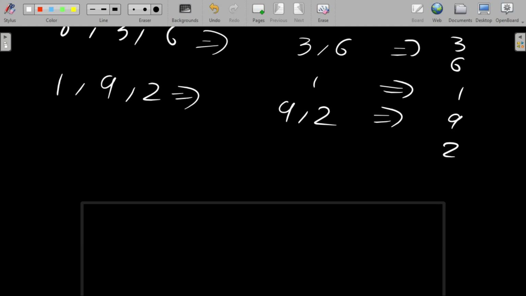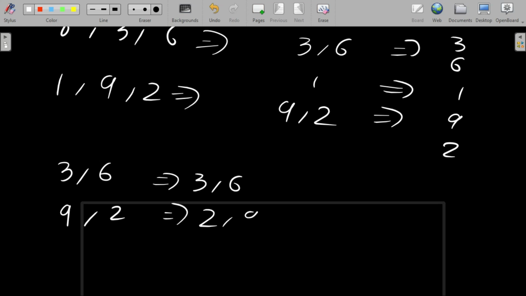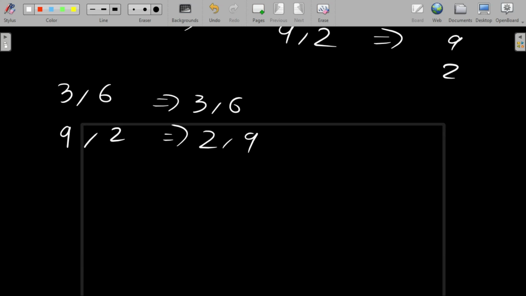Now we need to merge and sort. We merge 3 and 6, and we merge 9 and 2, and the results are 3, 6 and 2, 9. Now we merge 8 with 3, 6, so it becomes 3, 6, 8, and we merge 1 with 2, 9, so we get 1, 2, 9. Finally we merge these two.